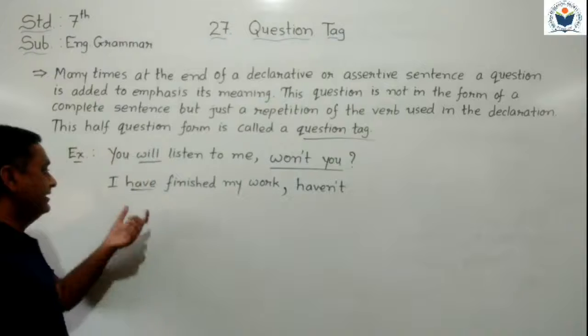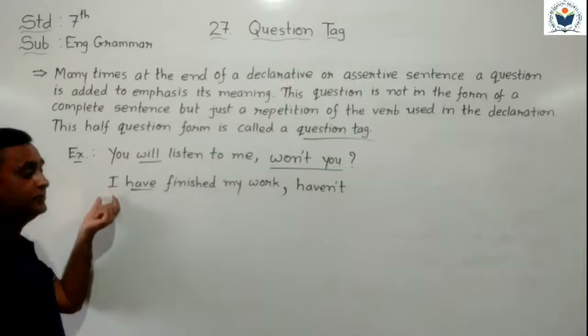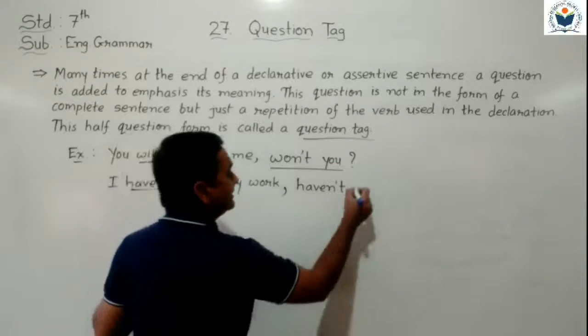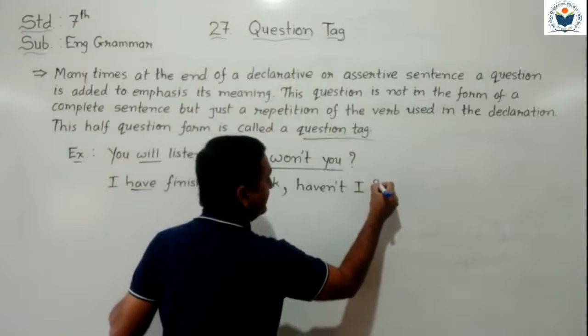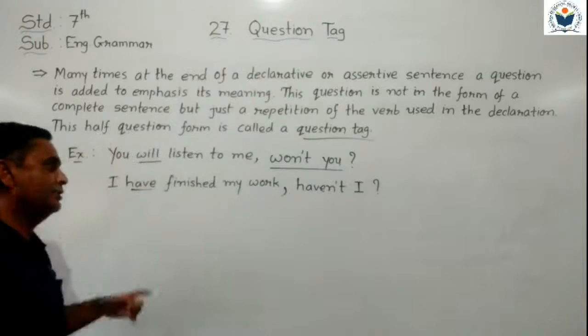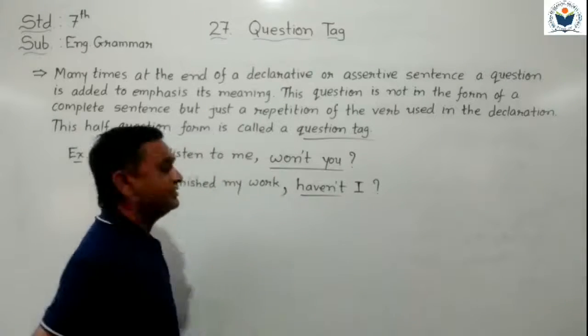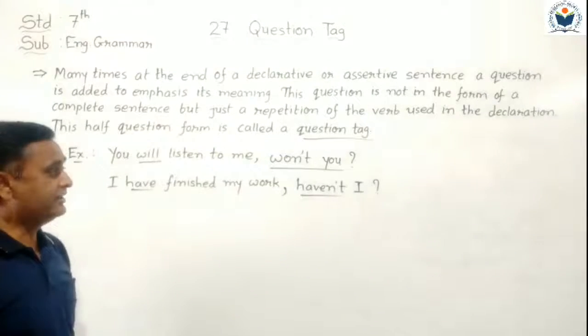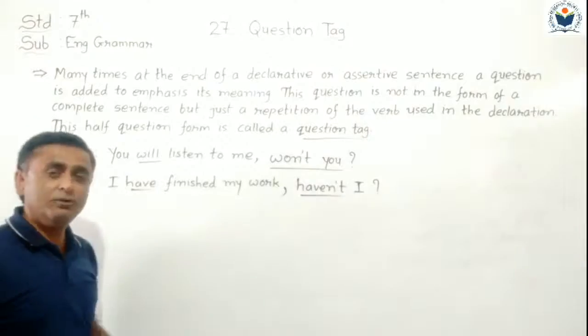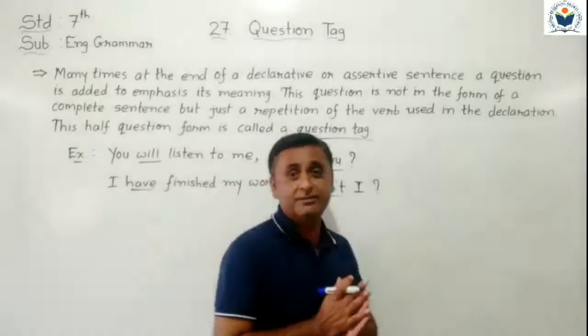Then we have to put the pronoun. The pronoun given here is I. So, haven't I? Then the question mark is compulsory. So this is the question tag. Can you understand the question tag now? Okay, we already studied it in our lower classes.